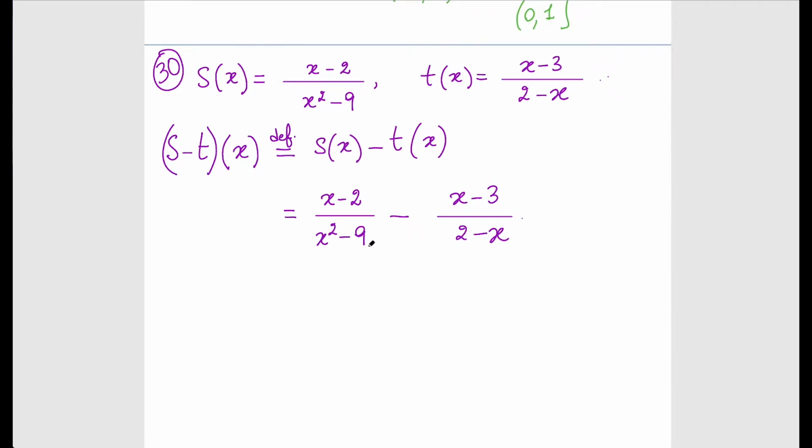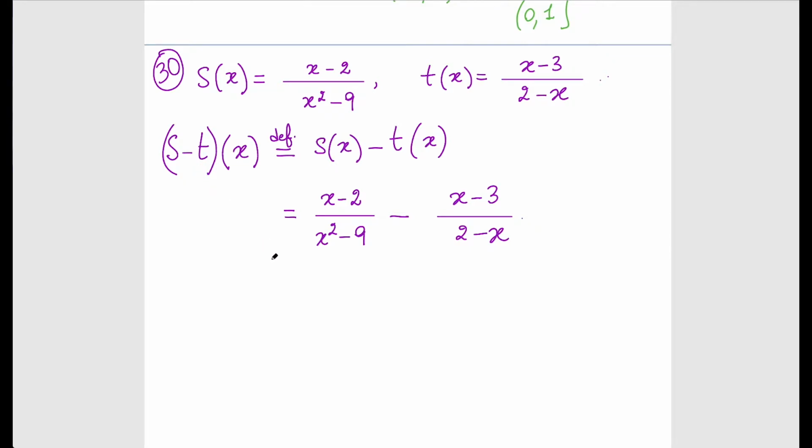You're probably going to ask, should we combine? Should we find the same denominator and so on? You can, but the question consists of just finding the recipe of the difference, and this is the recipe of it. The other one would be an equivalent recipe, but we're not asked to do so. So I'm just going to leave it like this.